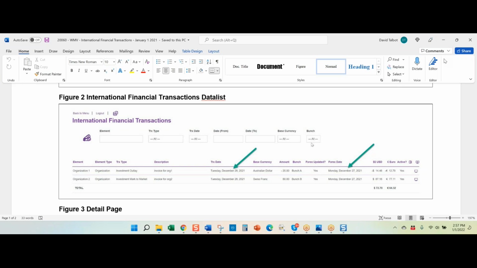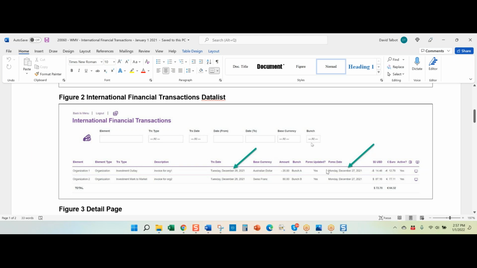And so here we have the base currency. We put in 20 Australian dollars, and it came out as 14 US dollars and 12.79 euros. We do the update of the international rates asynchronously, using the asynchronous subsystem.